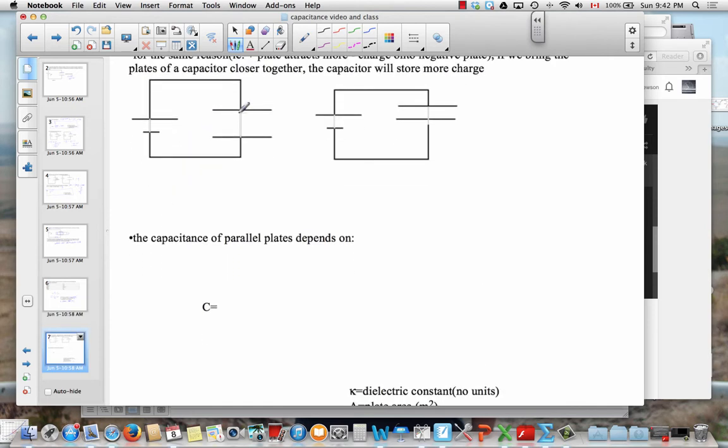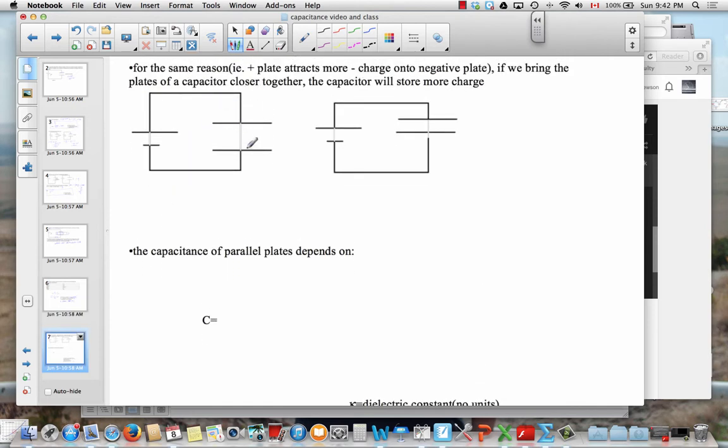Okay, now, so we've just said that when you put your dielectric in here, then there's a bunch of positive charges here that actually pull more charge onto this lower negative plate, allow you to store more. The same thing is true if the capacitor has a smaller plate separation.